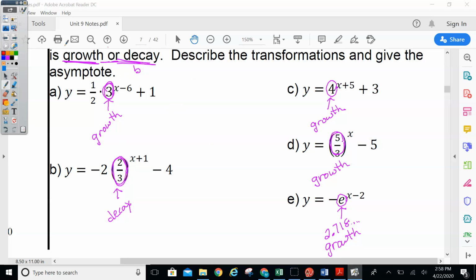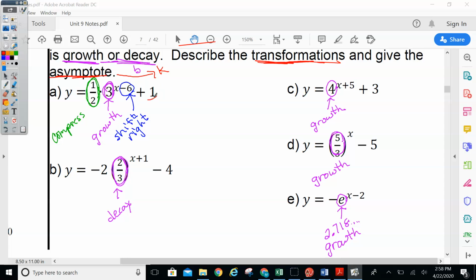So now we're going to go through and state the transformations and the asymptote. So remember, the asymptote is always given by the k. So here, if we just say all of them, the half in the front is going to compress vertically by half. The 6, that's part of the exponent, is going to make it shift right, because it's the opposite.